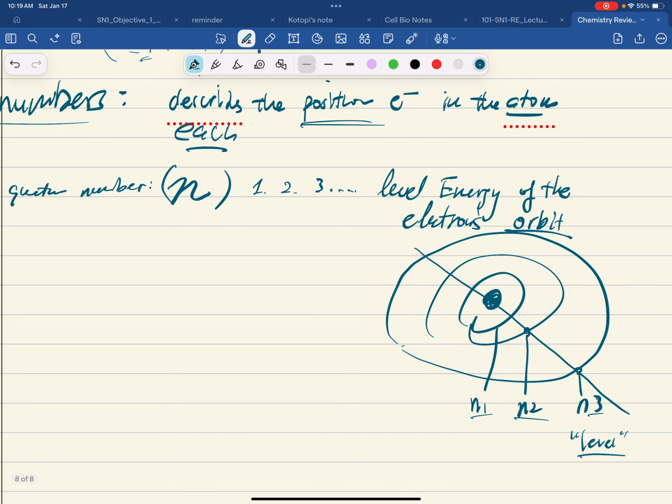So the energy is lower in the center and higher on the outer side.